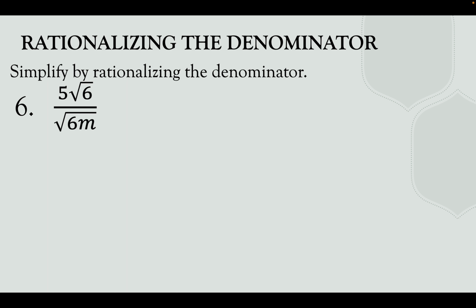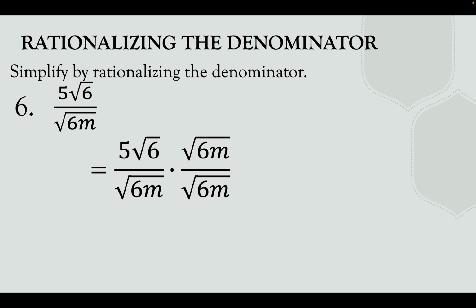Example number 6, we have 5 square root of 6 over square root of 6m. Now, since our denominator is a radical value, we will use rationalization. So how to use rationalization? Again, you just need to multiply both numerator and denominator by the value of the denominator. So we have 5 square root of 6 over square root of 6m times square root of 6m over square root of 6m.